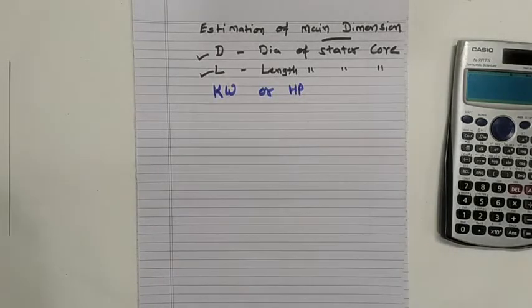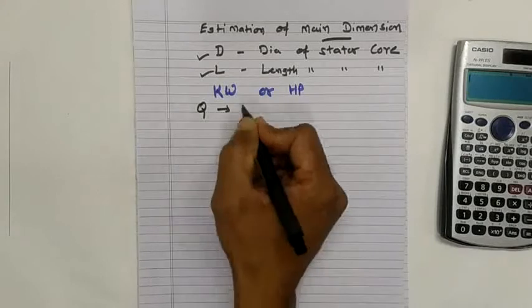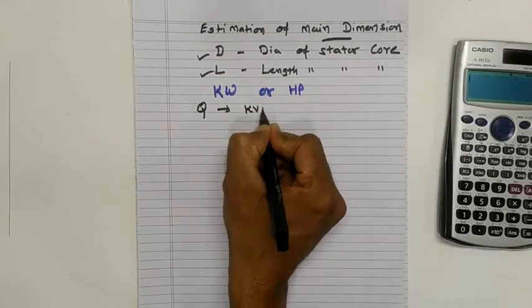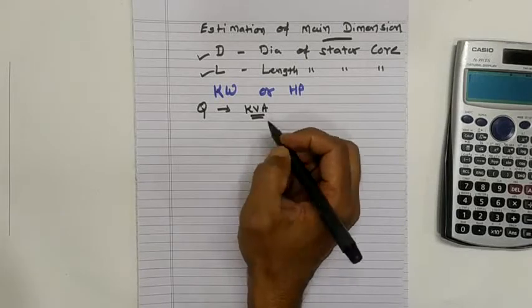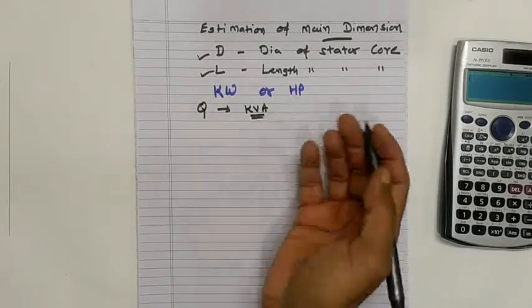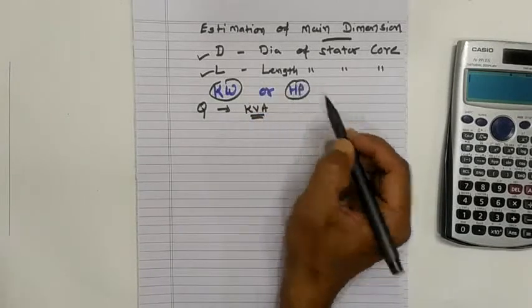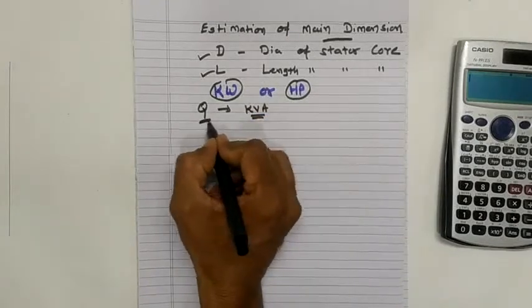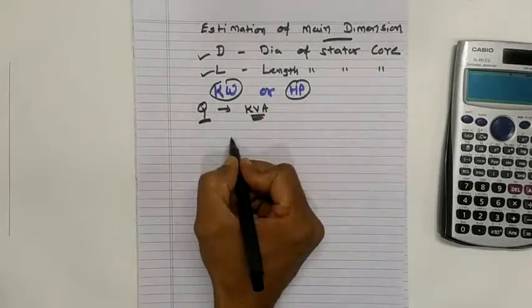As per our output equation, Q is always in kVA. So before we proceed, we need to convert either kilowatt or HP quantity into kVA. So how to convert? Suppose it is given in kilowatt.